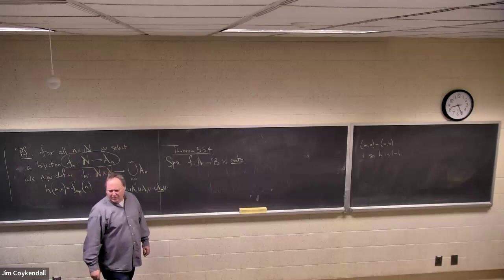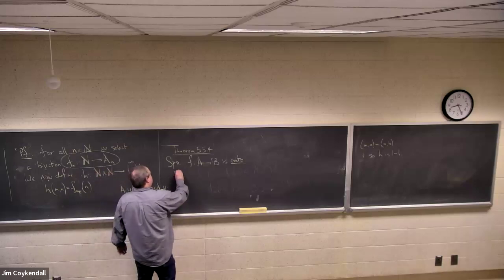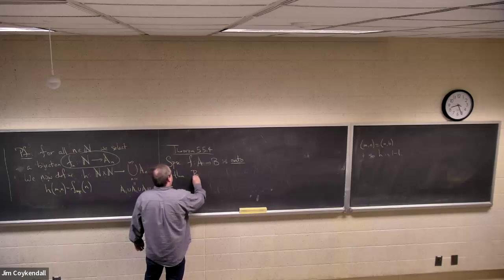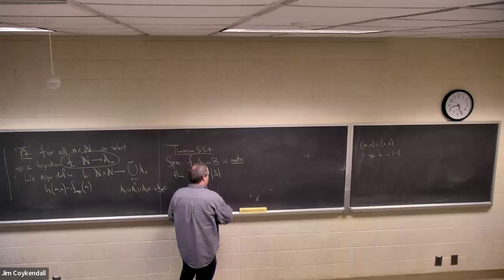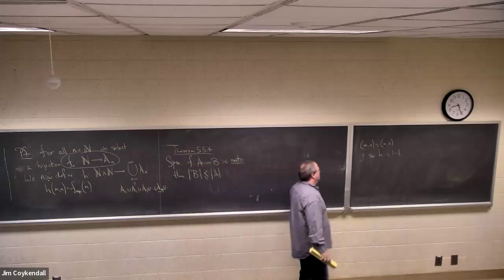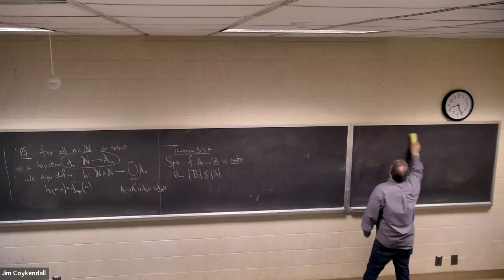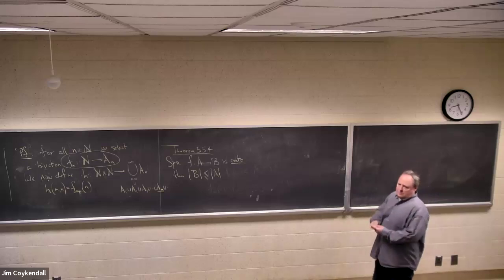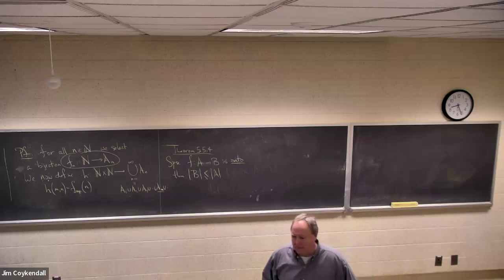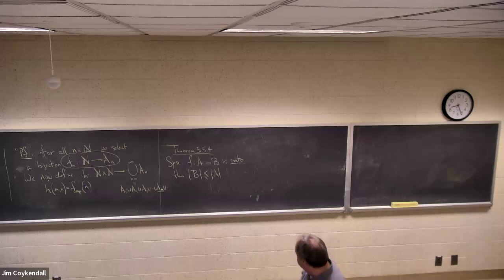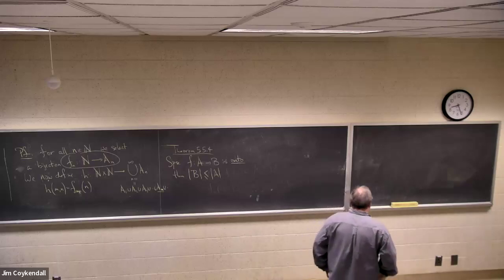If this is onto, then the cardinality of B is less than or equal to the cardinality of A. Let's see if we can show this.